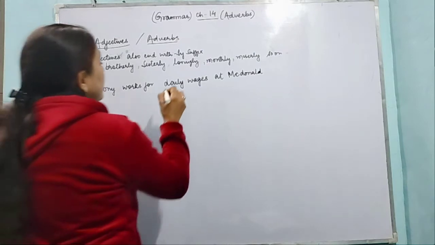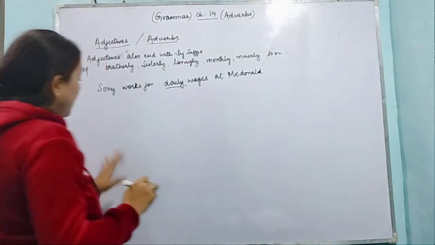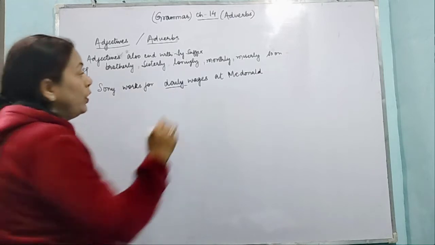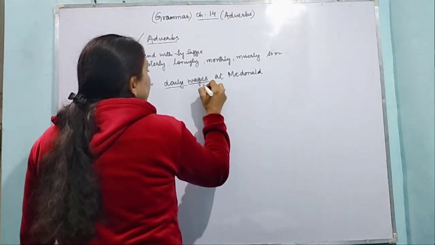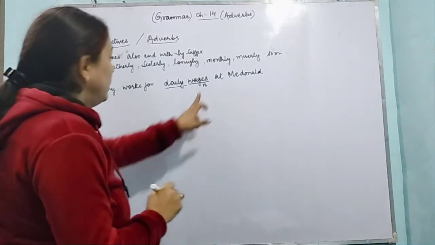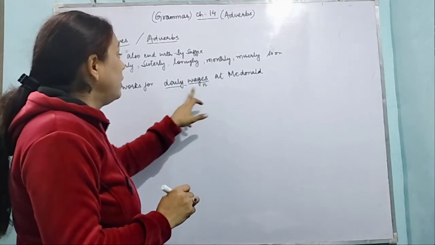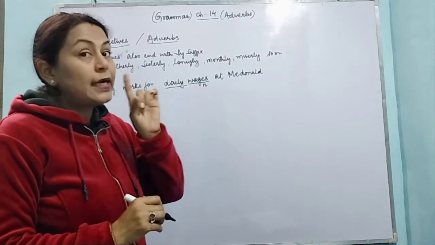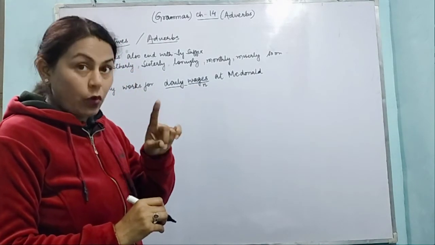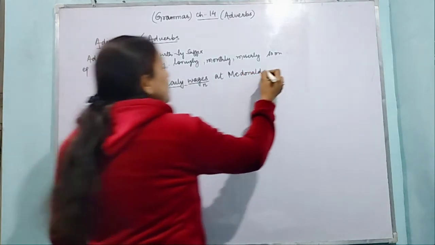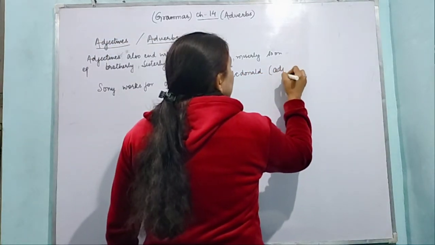Sony works for डेली वेजेस. यहाँ पे जो है ना बच्चे डेली, ये हमारा एज एन एडजेक्टिव है. क्यों? क्योंकि ये है ना जो हमारा वर्ड, ये हमारा नाउन है. वेजेस, here it is functioning as a noun. So when a word that describes or modifies the noun is known as an adjective. So here it is working as an adjective.